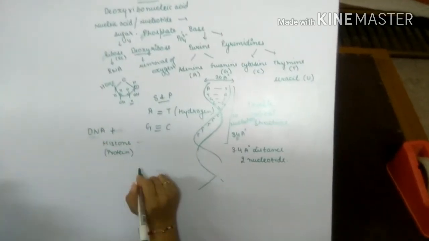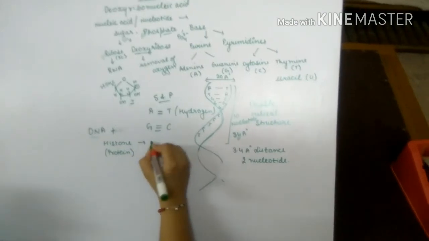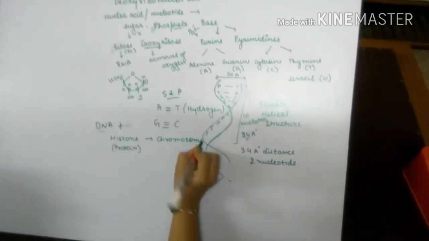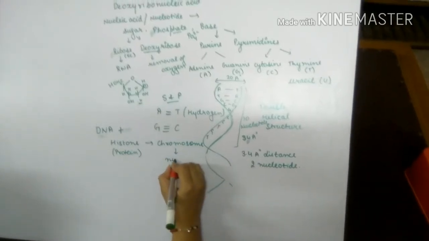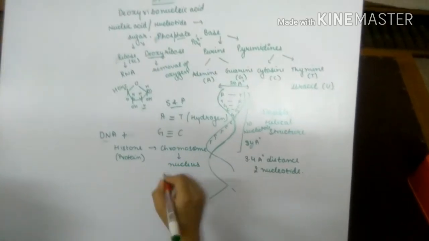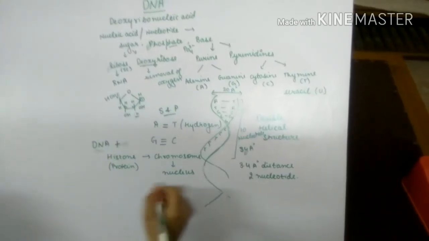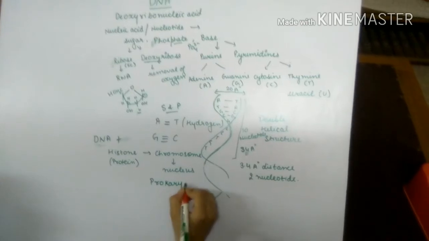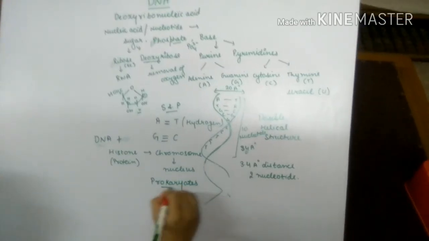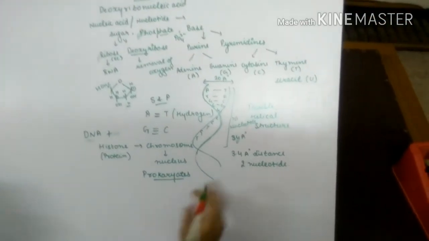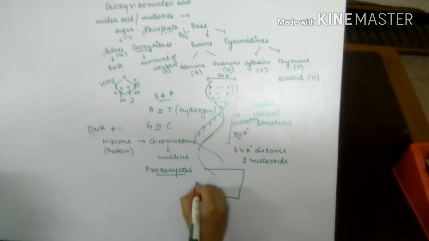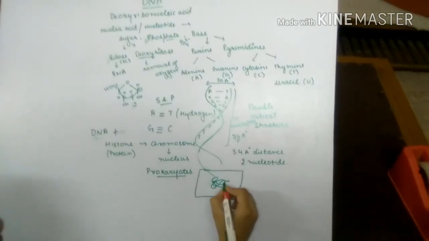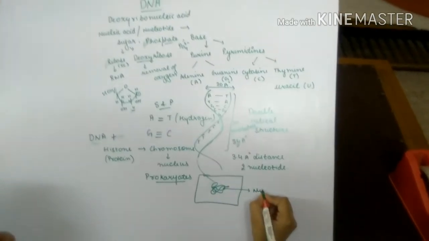DNA and histone form the chromosome, which is present inside the nucleus in eukaryotes, but in the prokaryotes, like bacteria, it is not present inside the nucleus. It is just spread inside the cytoplasm. So this is known as nucleoid.